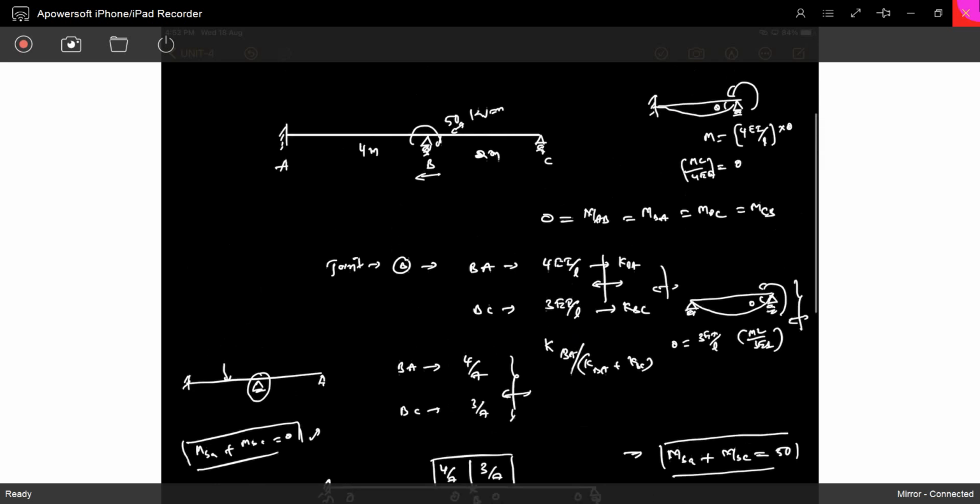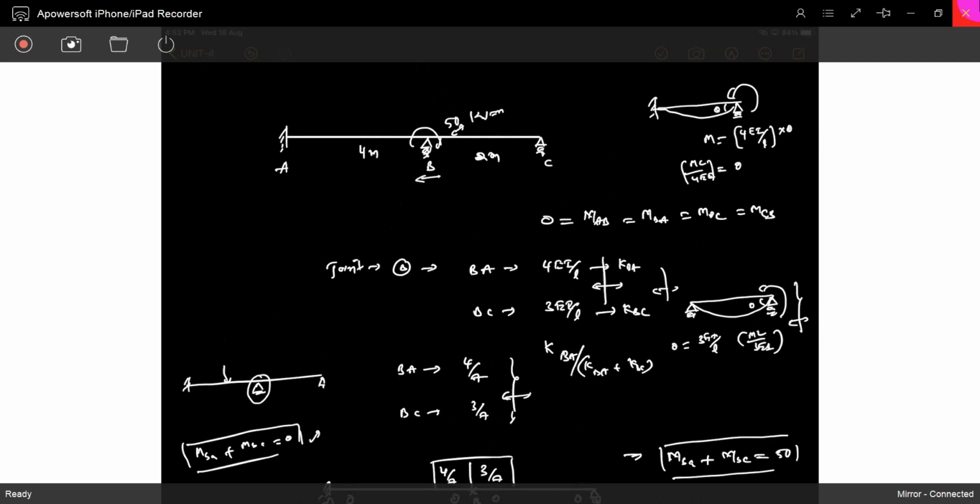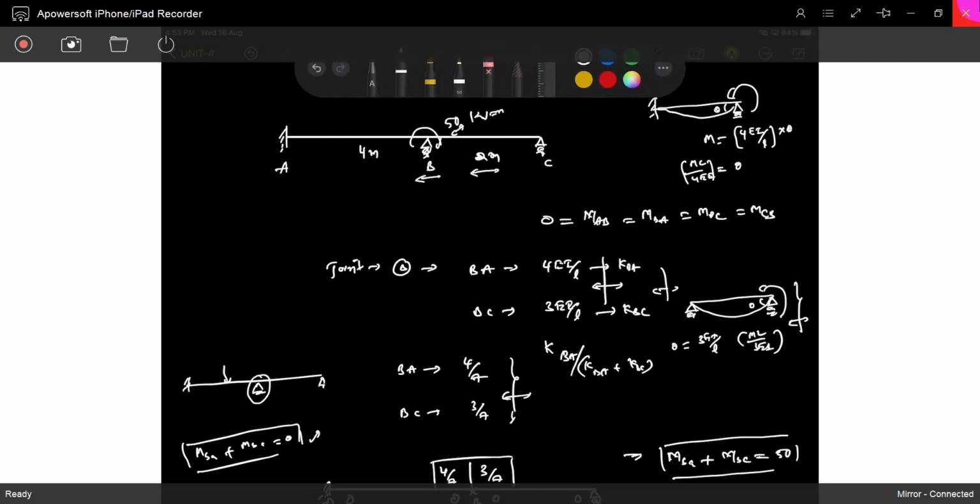One thing you have to remember: it has a length of 2 here. So there is no equilibrium, a small mistake. The distribution factors are not 3 by 7.